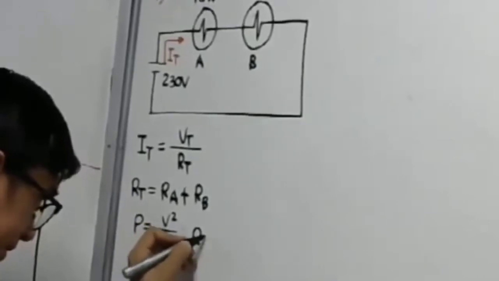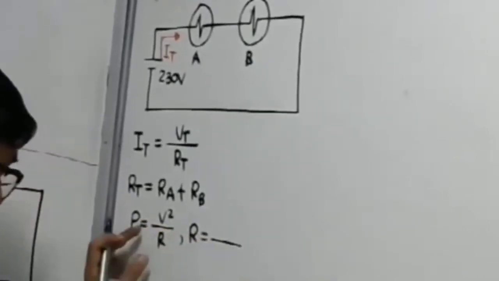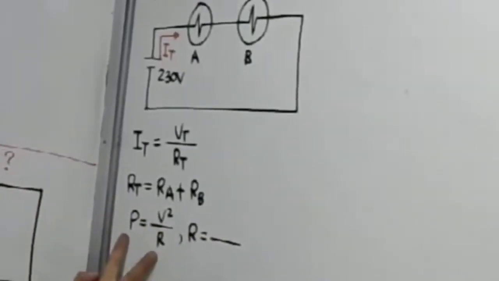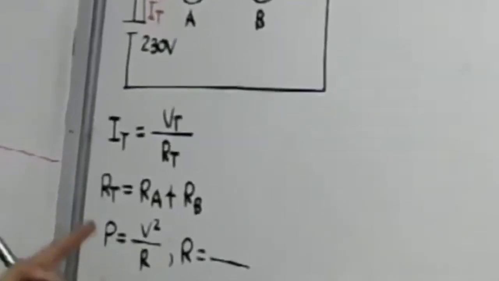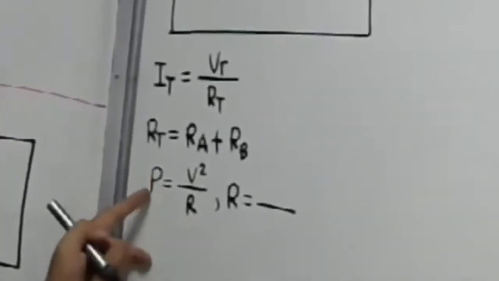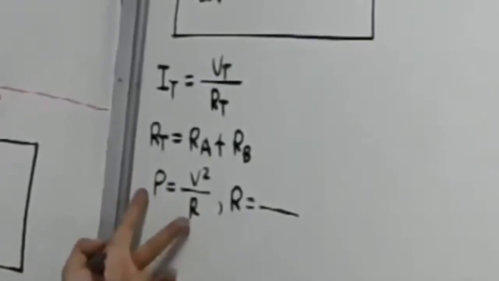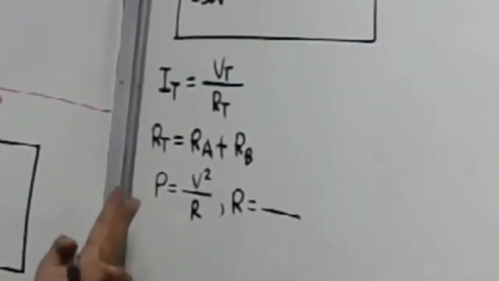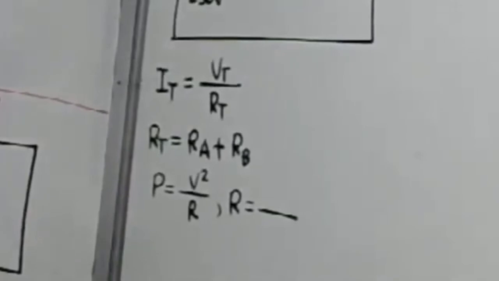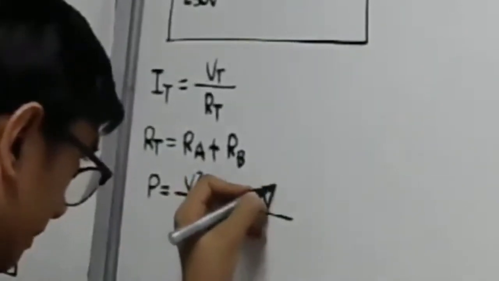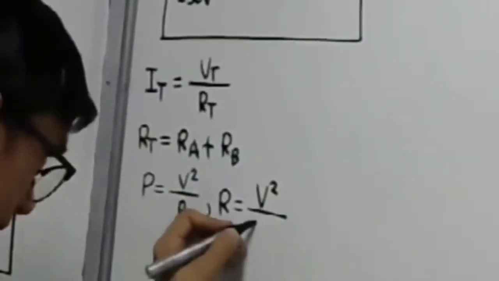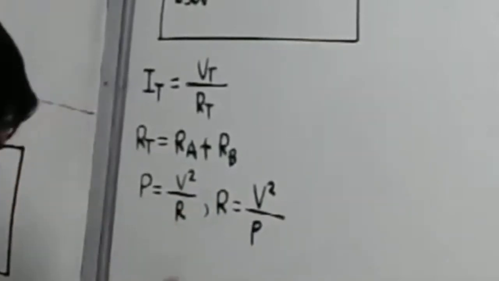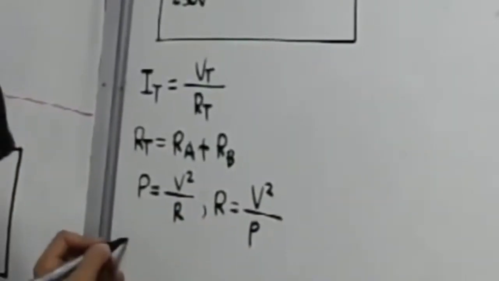Let us cross multiply the resistance and the P, just exchange the position. So we have R equals V squared over P.